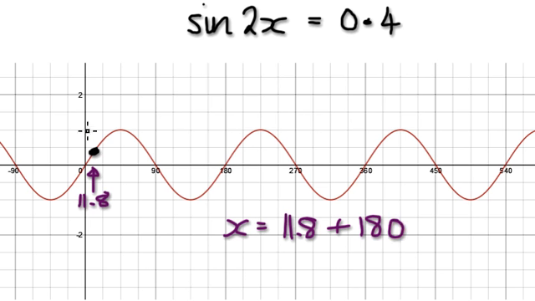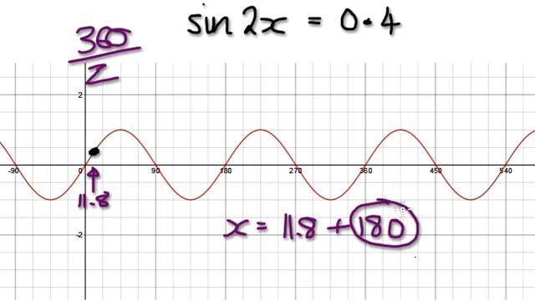In effect, it's getting your normal period, which is 360, divided by 2. Develop your own way of doing it. I'm just going to do 360 divided by 2, so it will be a multiple of 180. So it would be 11.8 plus 180n.